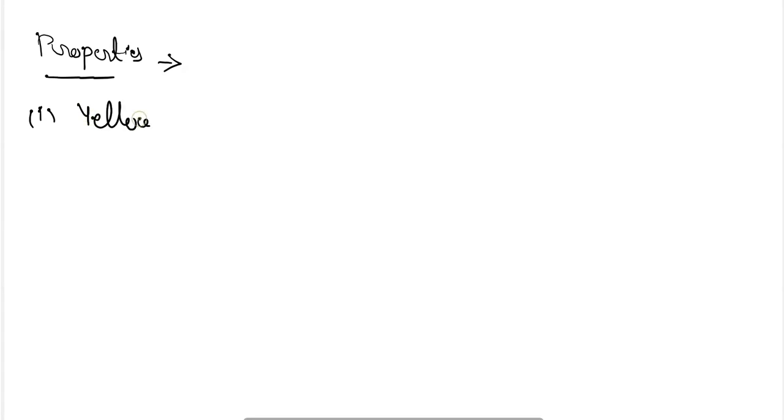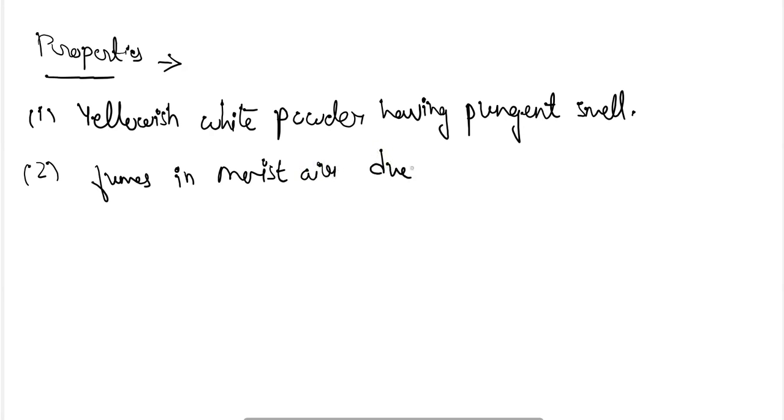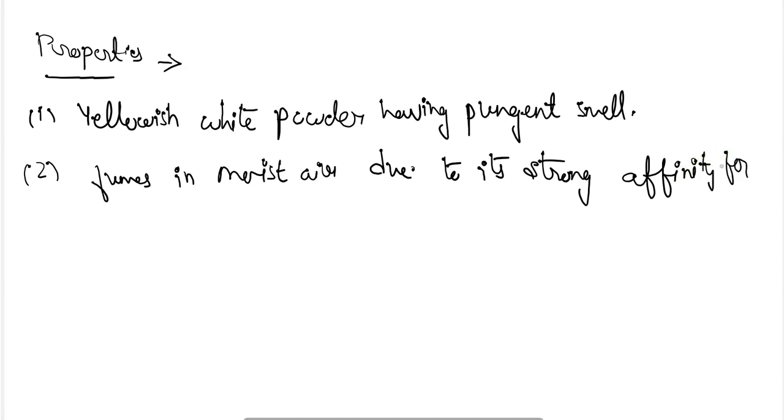What are some of the properties of phosphorus pentachloride? It is a yellowish white powder having a pungent smell, just like that of PCl3. It fumes in moist air due to its strong affinity for water.